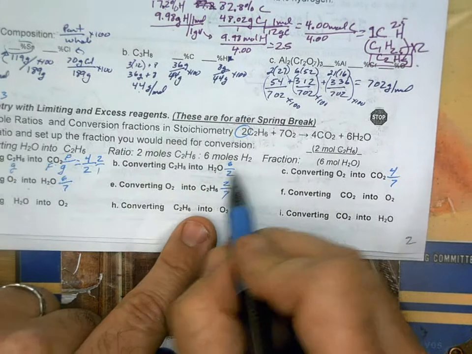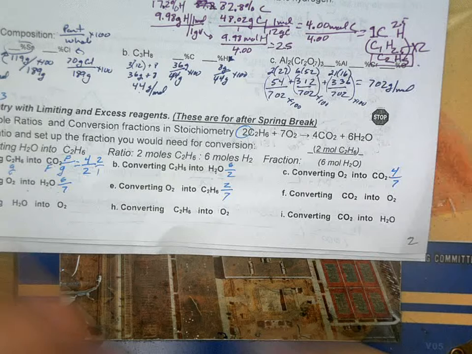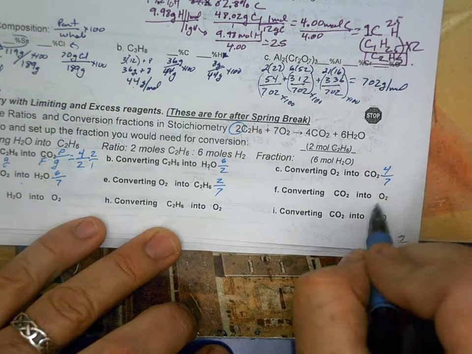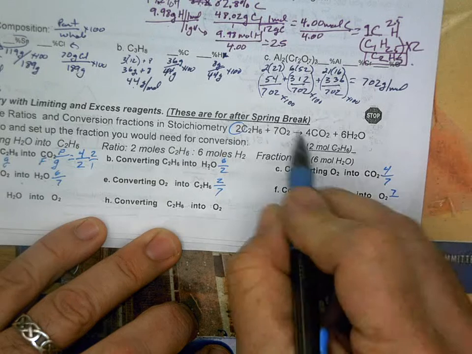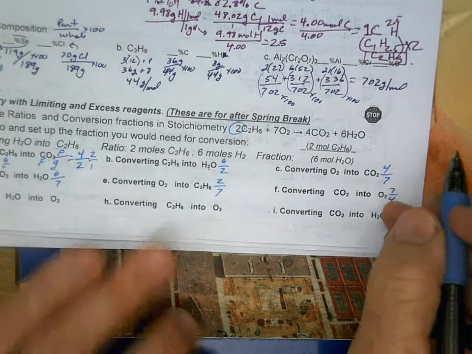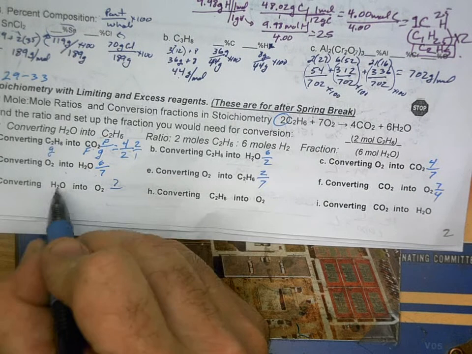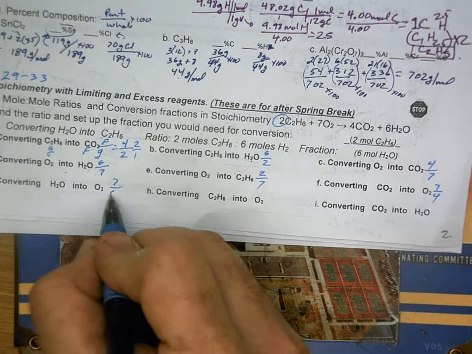So it's these mole ratios that let us convert one chemical into another, and that's why the concept of the mole is so important. And let's see, we've got 7 moles of O2 and 4 moles of CO2. Let's see, 7 moles of O2, we were given 6 moles of water.